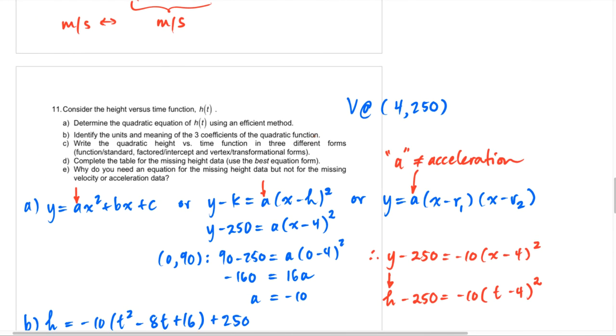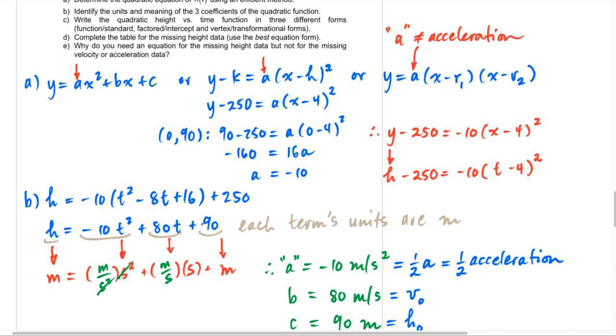So the next thing that we're asked to do is to complete the table for the missing height data using the best equation form. We can use either the expanded form or the transformational form in red. I'm just going to put a box around whichever one is going to be easiest for us to use.